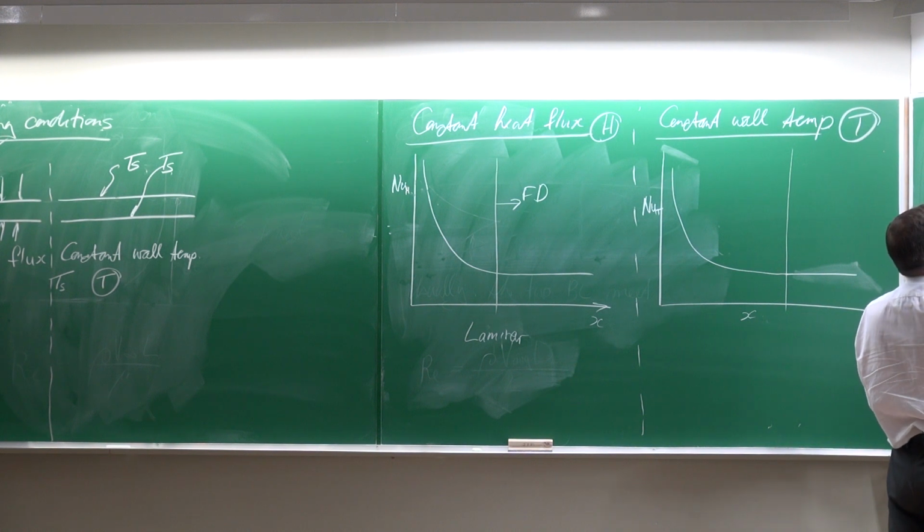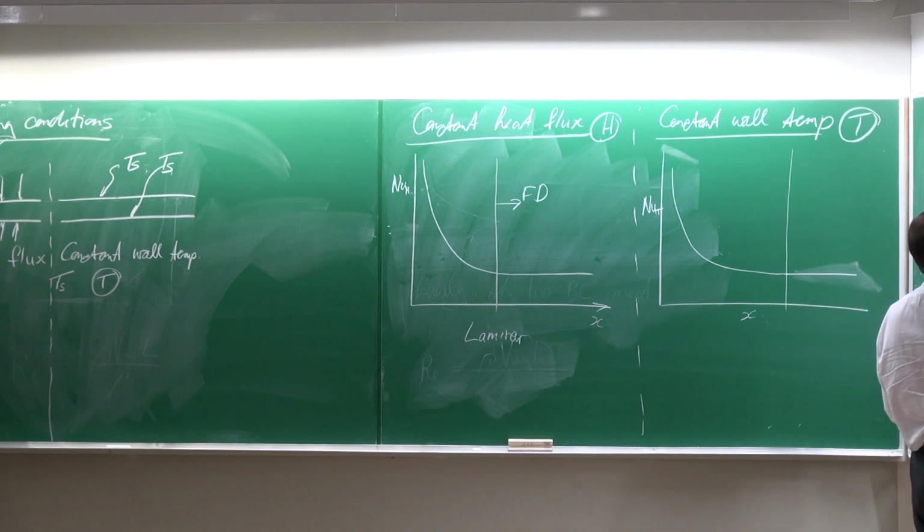So that is Nusselt H and that is Nusselt T. And that difference can be in the order of plus or minus 20 to 30%.